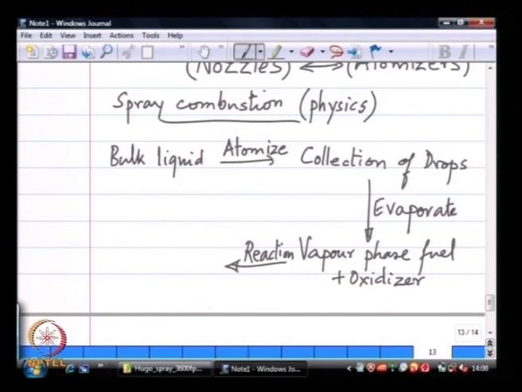Reaction is essentially, let us say if I were to simply approximate a liquid fuel by say hexane or octane, you have a certain reaction between octane vapor and oxygen in the air, giving rise to carbon dioxide, water vapor and a lot of other byproducts, but essentially that is the reaction.